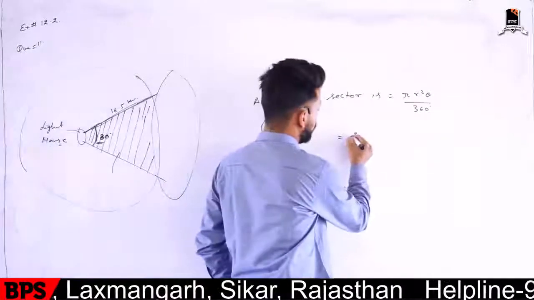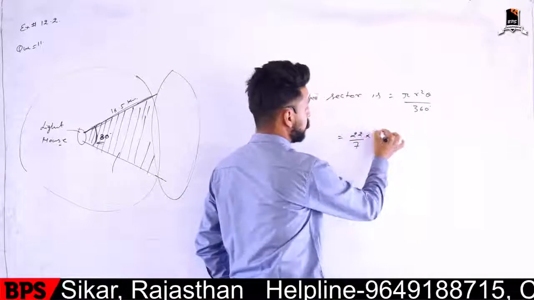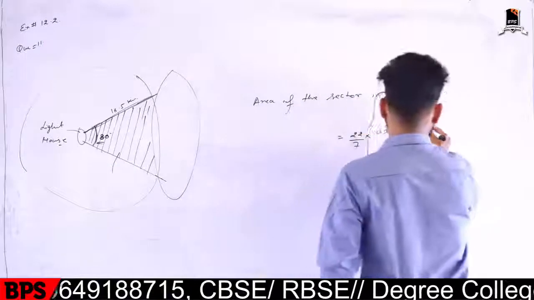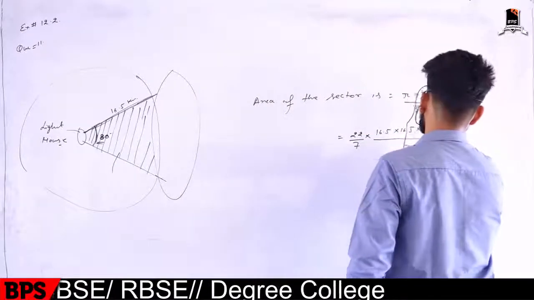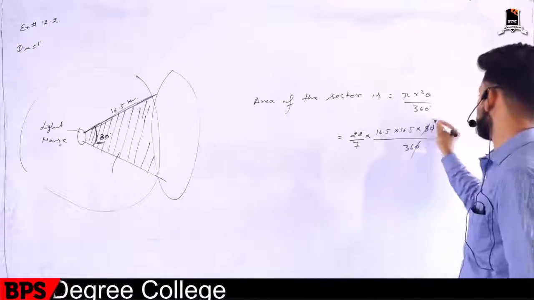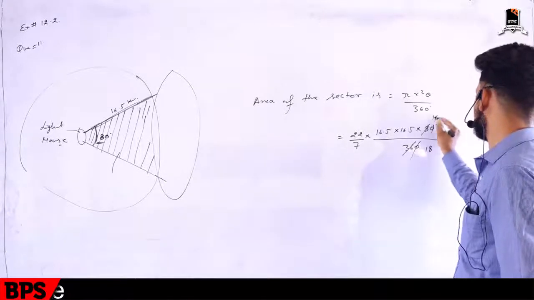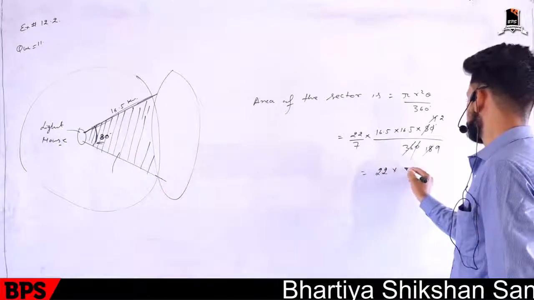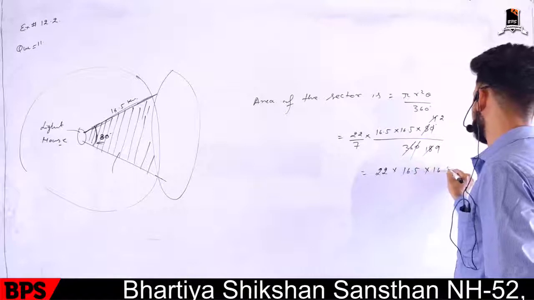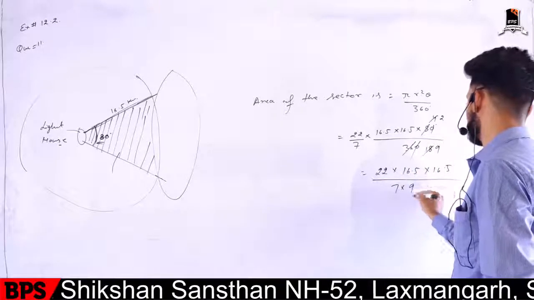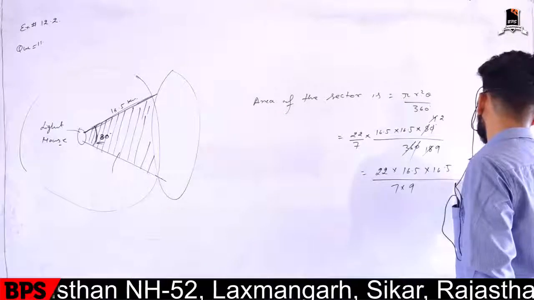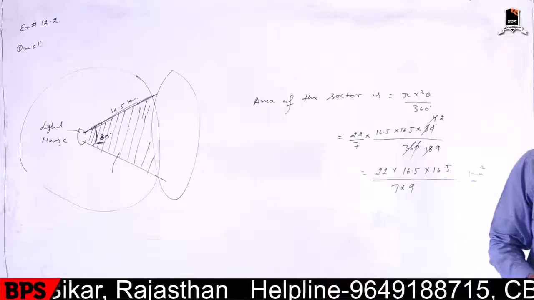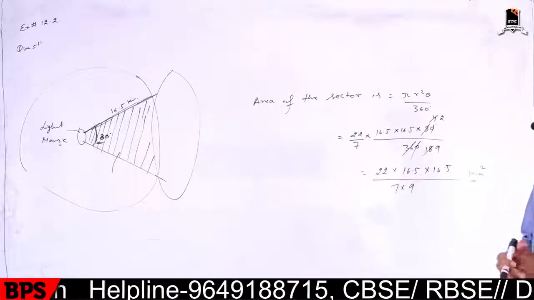So 22 upon 7 into radius 16.5 into 16.5 into theta 80 degrees upon 360 degrees. 0 and 0 cancel, that is 4 times, that is 18, 2 and 9. So 22 into 16.5 into 16.5 upon 7 into 9 kilometer square. That is the area of the sea over which the ships are warned.